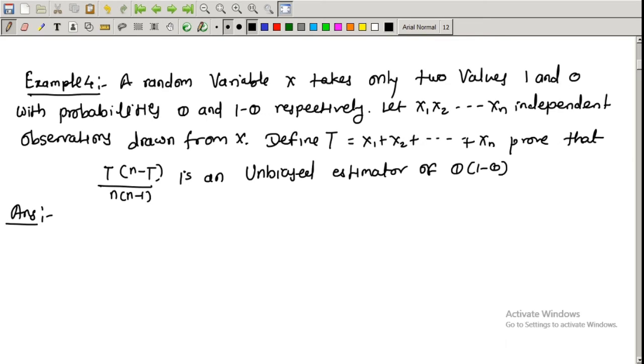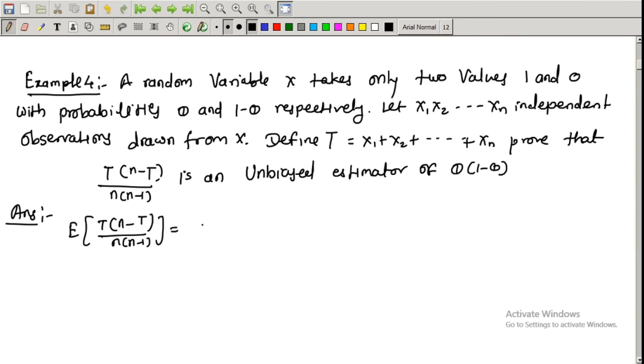So consider the term expected value of t into n minus t. To prove this, consider the expectation of t into n minus t upon n into n minus 1. Which is equal to, we can take expectation inside, correct?